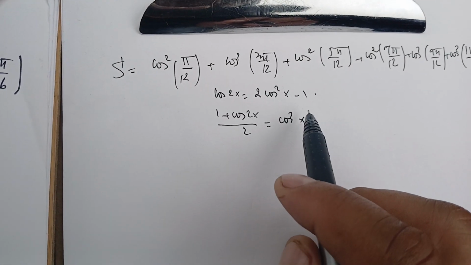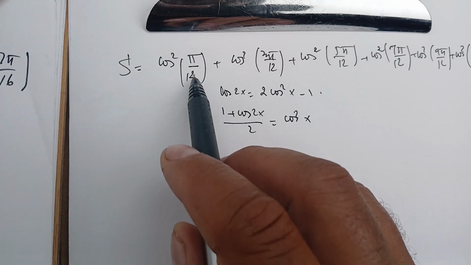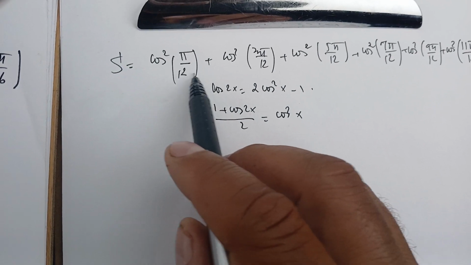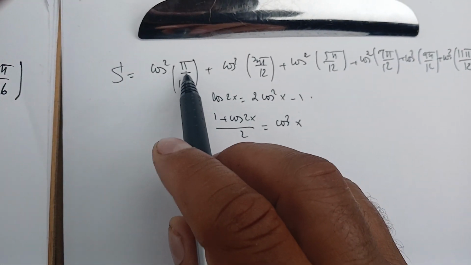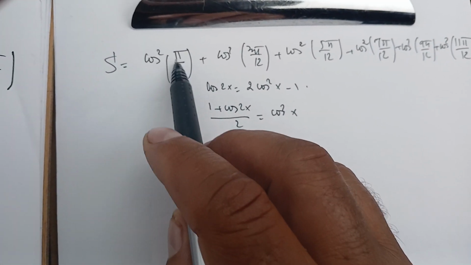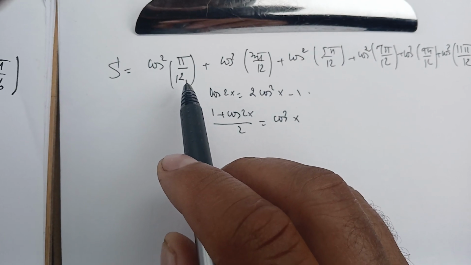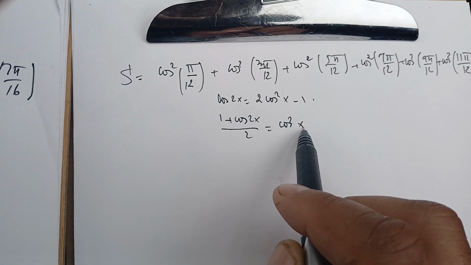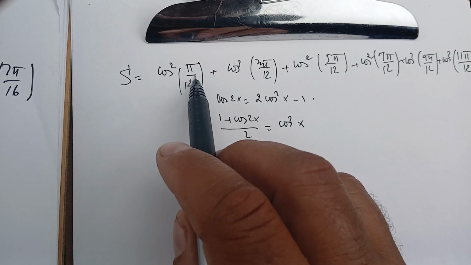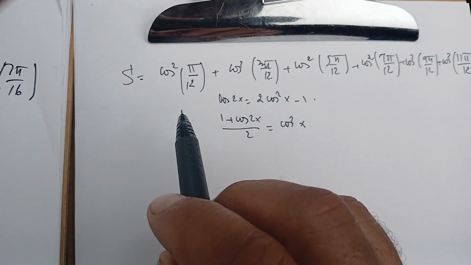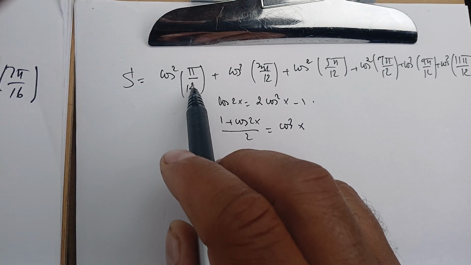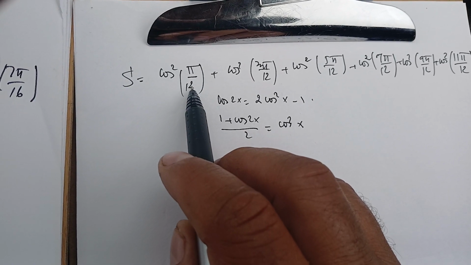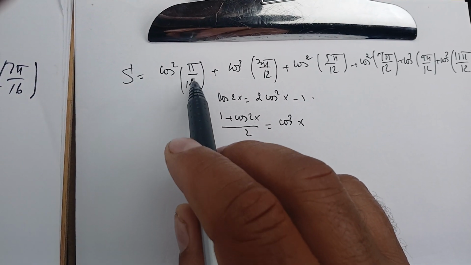The aim of this formula is to get rid of this 12 here, because we're going to simplify the expression for the angle. If here we have x, in the reduction we're going to have x over 2. So this is pi over 12, and when we apply this formula, we get pi over 6.